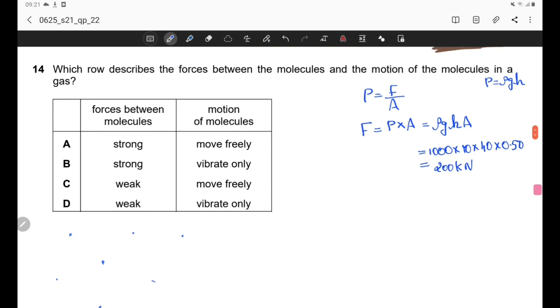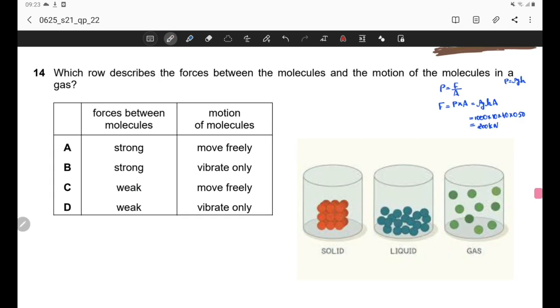Question 14. Which row describes the forces between the molecules and the motion of the molecules in a gas? When we look at the molecules arrangement in solid, liquid and gas, we can see in solids the molecules are close to each other. It is because there is a strong force of attraction, or the forces between the molecules are very strong. That's why they are staying close together.